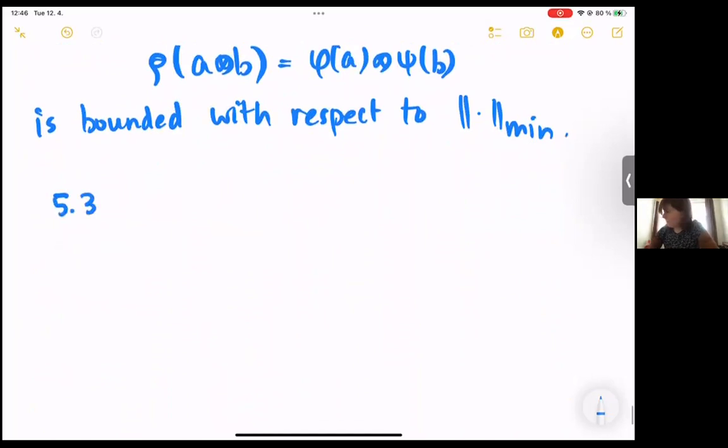Okay, so I believe I will finish with just some comments about the maximal tensor product.